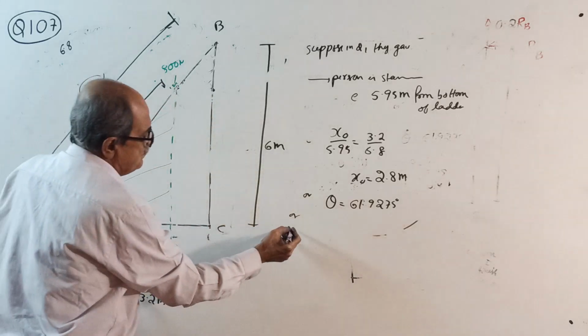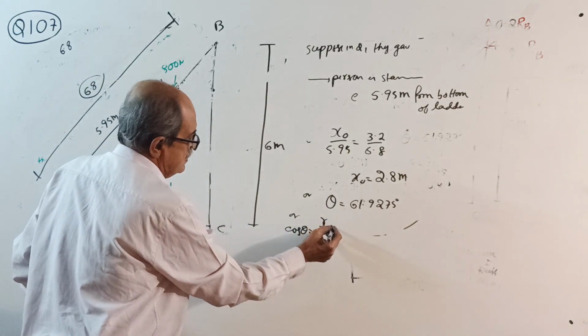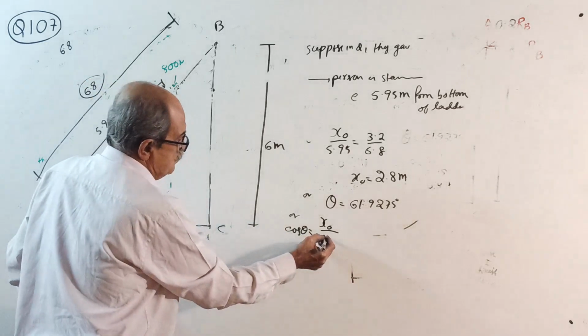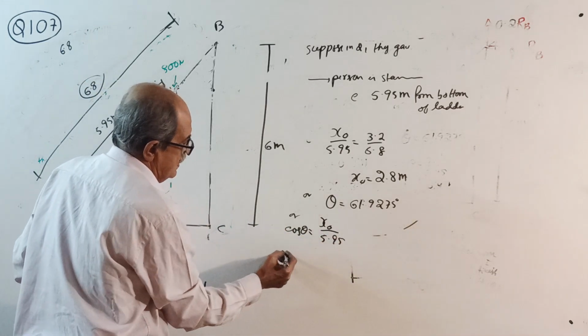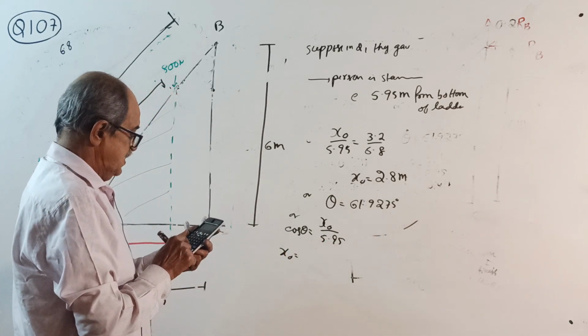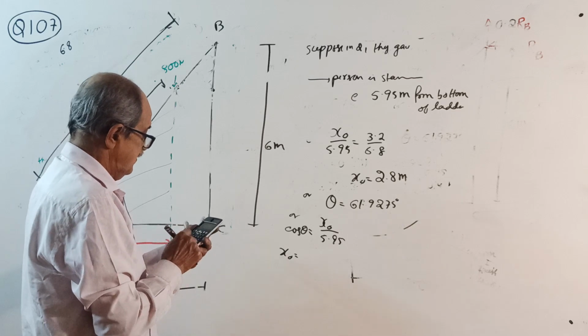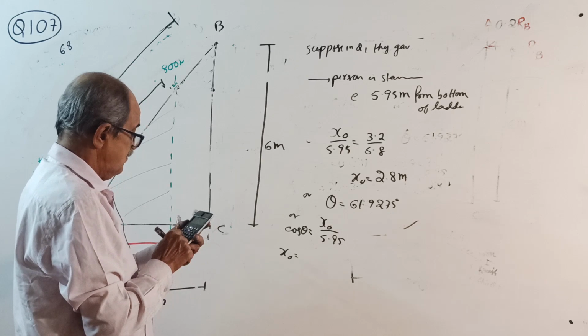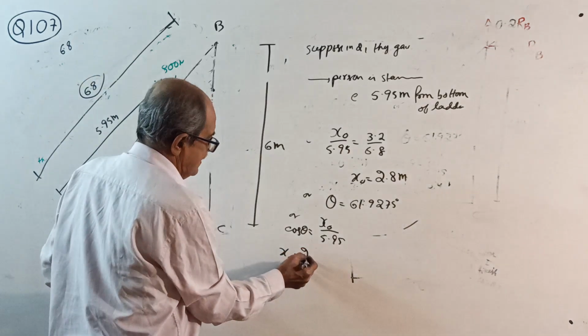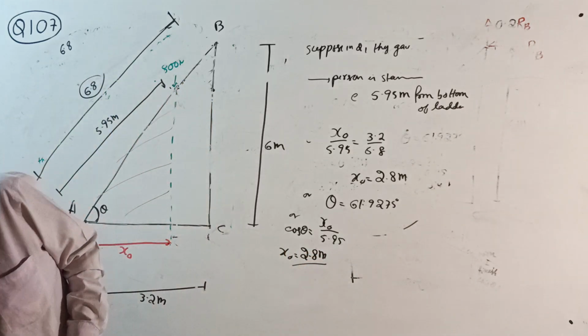Cos theta equals x naught divided by 5.95. Therefore, x naught equals 5.95 into cos theta, that is 2.8 meter. This also is over.